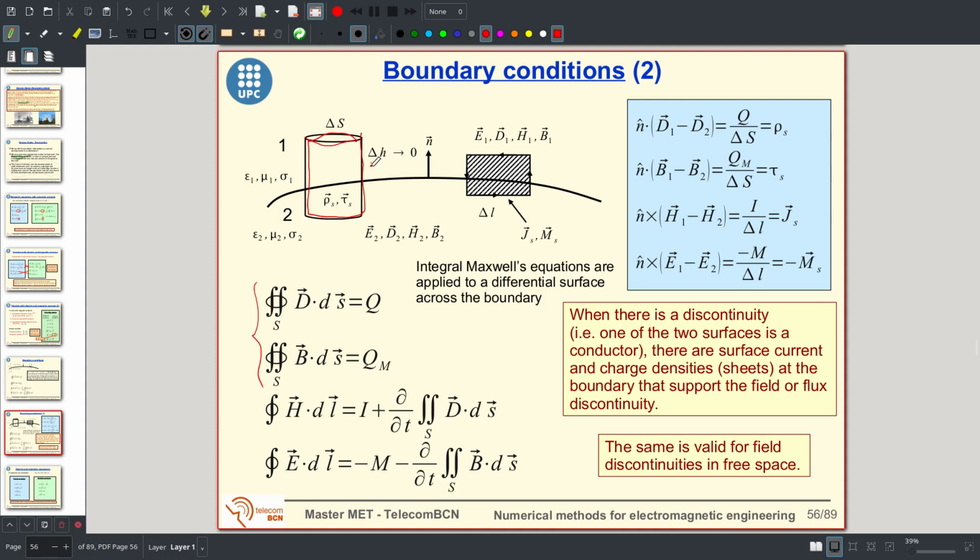The height of the cylinder h is infinitesimal, and then we can easily observe that the total flux of the electric and magnetic fields through the surface is equal to the flux through the caps, because the side surface is zero, since the height of the cylinder is zero.